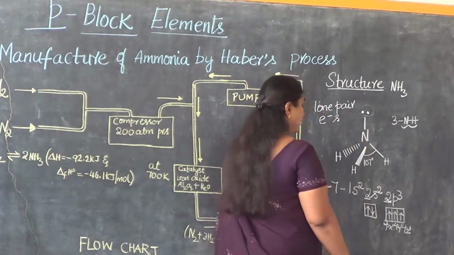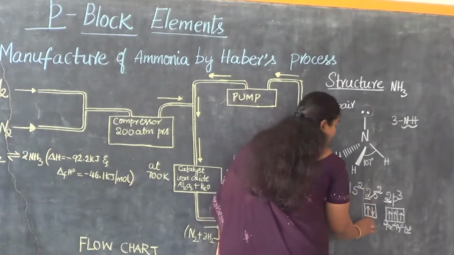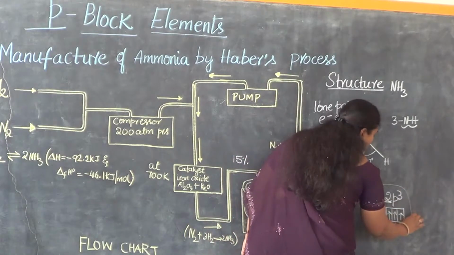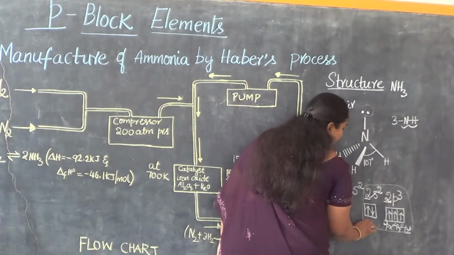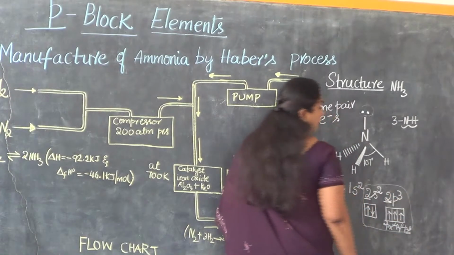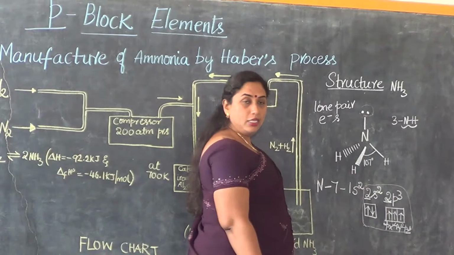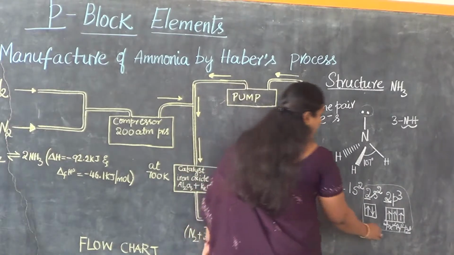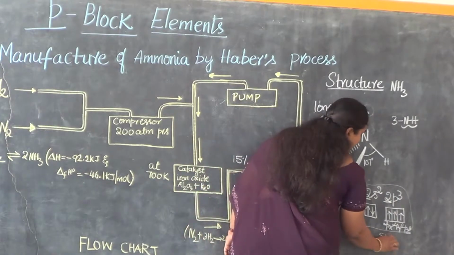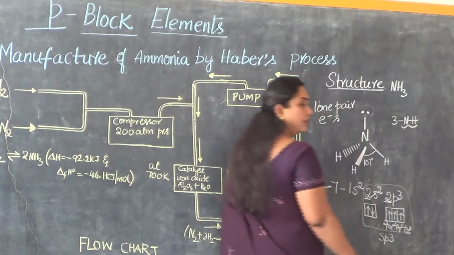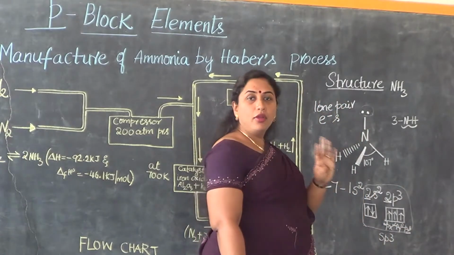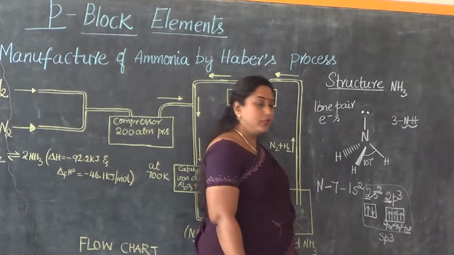The s orbital and all 3 orbitals of the 2p energy level have undergone sp3 hybridization, forming 4 sp3 hybrid orbitals.